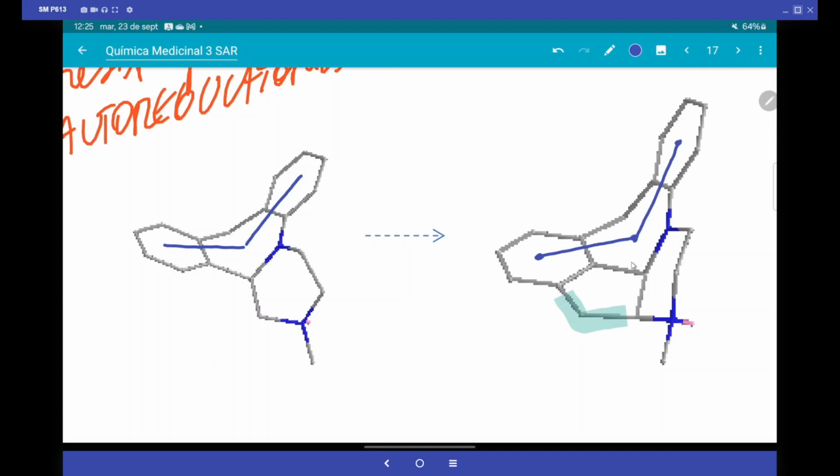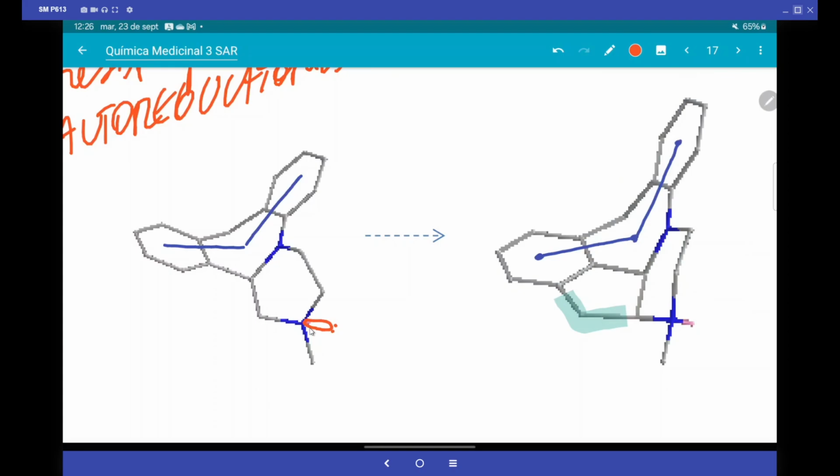I do not know if we could measure this computationally, but the angle of these rings changed, so the pi-stacking interactions with H1 are no longer going to be as tight. The other thing has to do with this pink color, an electron pair. That is what is showing there, the electron pair of the nitrogen.